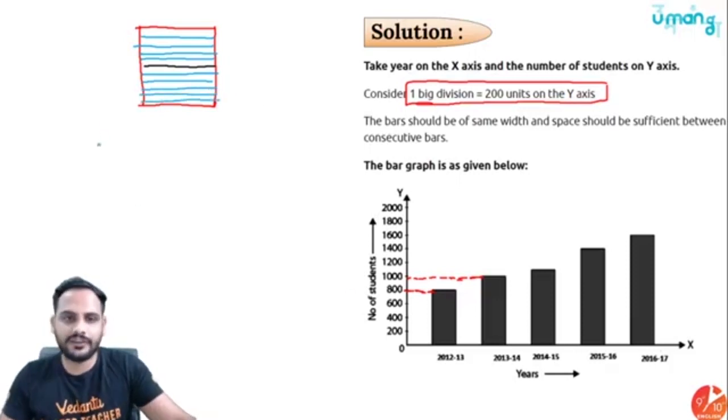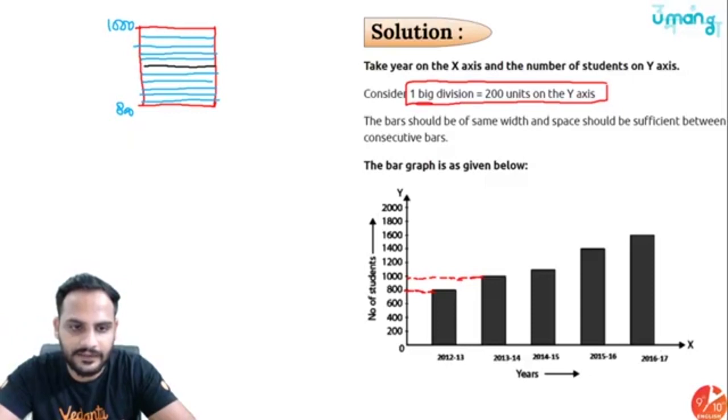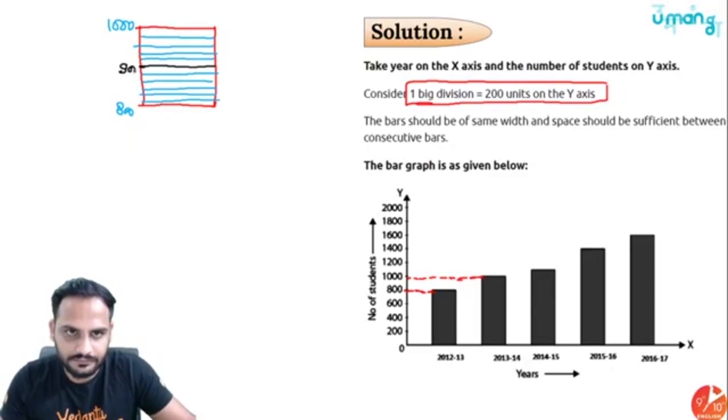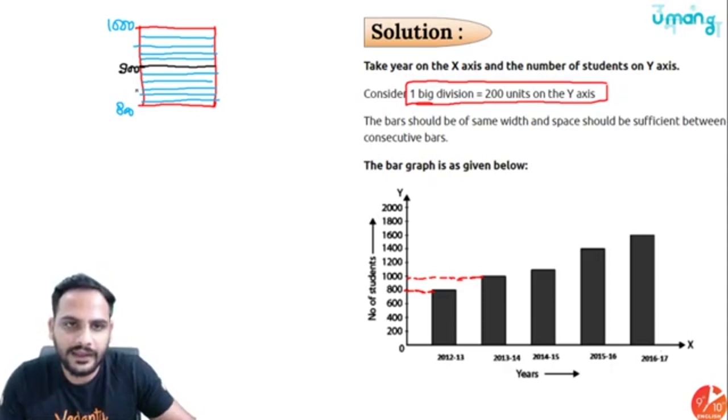Now suppose it is 800 and it is 1000, how do I know where 975 will be? So I know, between exactly 800 and 900, this line in the middle will be 900. And there are how many gaps? 10 gaps.